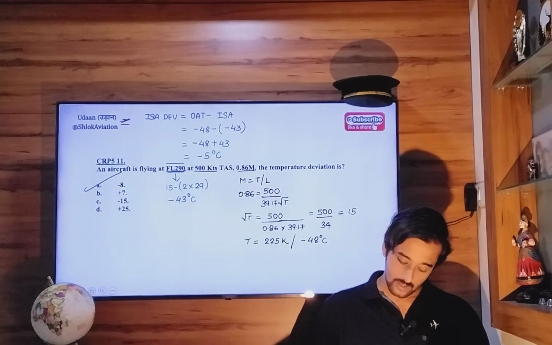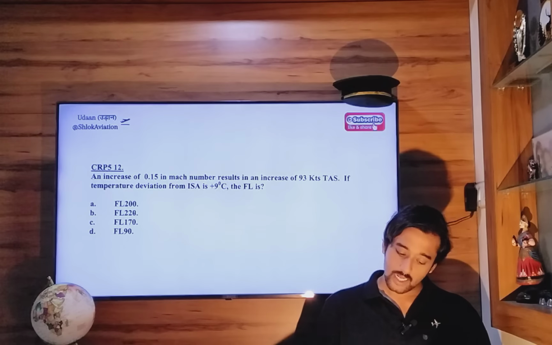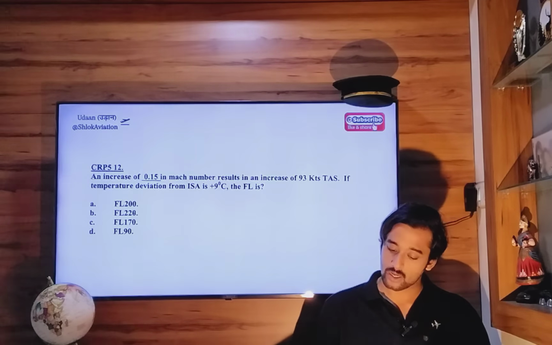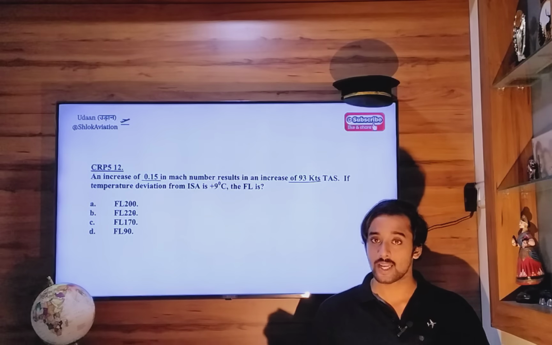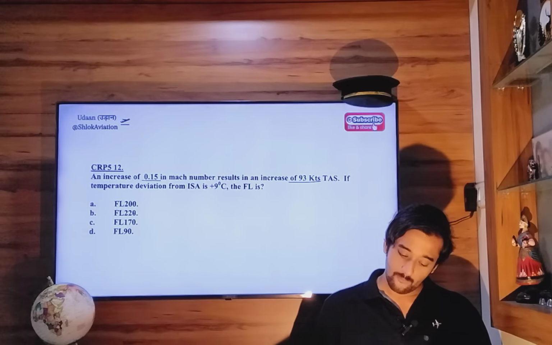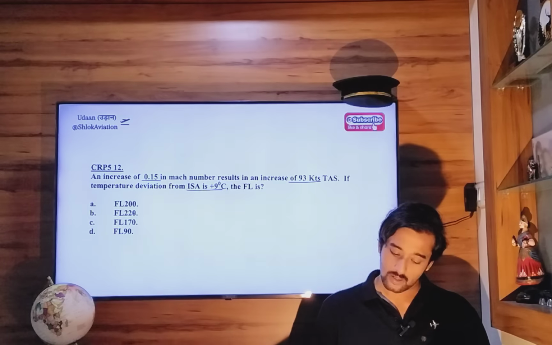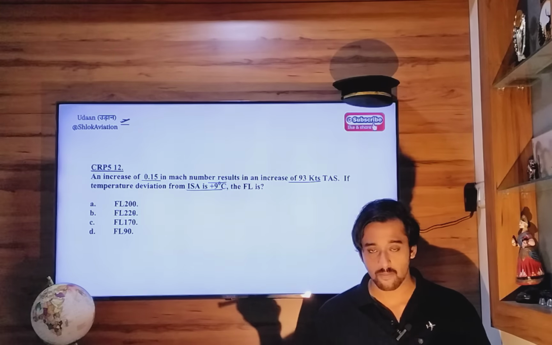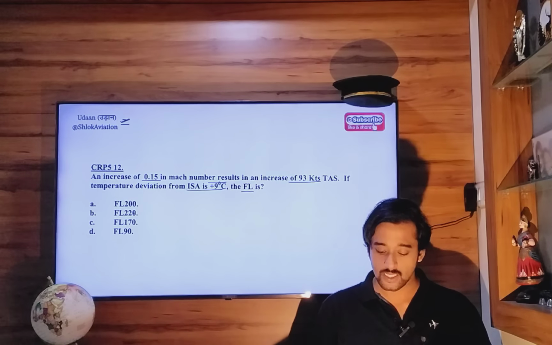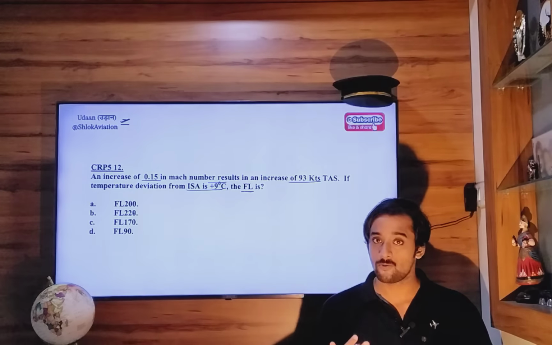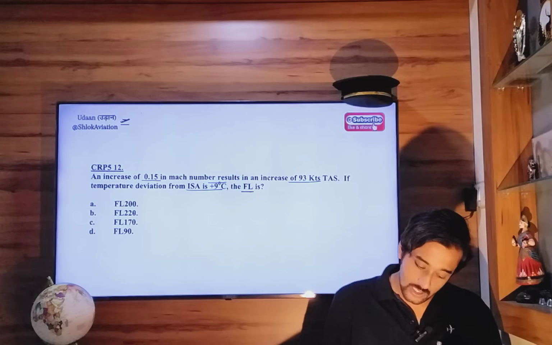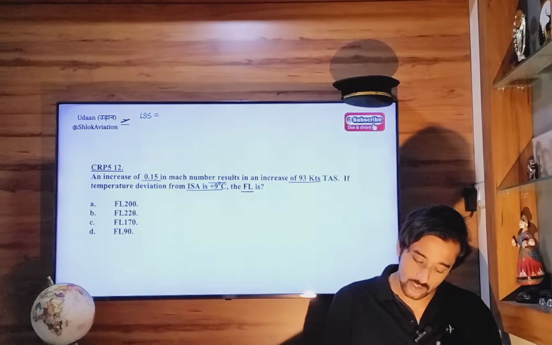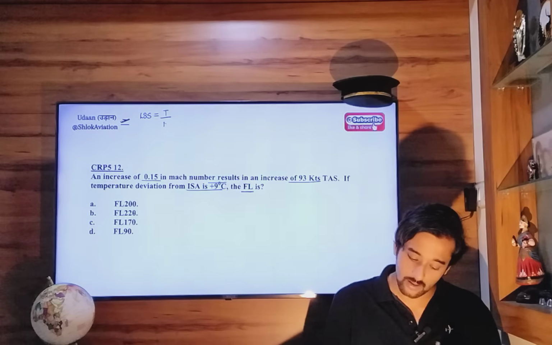Select that. 12. An increase of 0.15 in Mach number results in an increase of 93 knots TAS. If temperature deviation is plus 9, that means outside air temperature is warmer than ISA temperature by 9 degrees Celsius. What level are you flying at? Local speed of sound will be equal to true airspeed divided by Mach number.